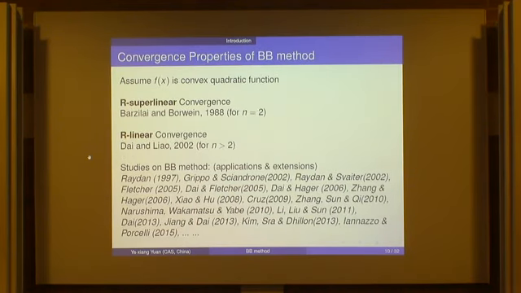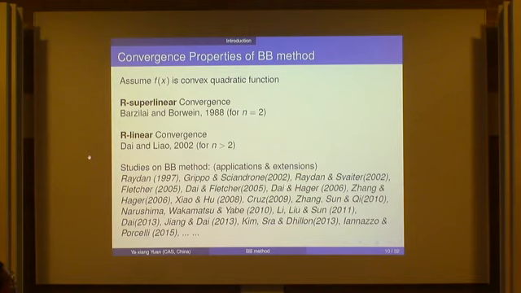The BB paper gave a lot of people interest and excitement to work on the gradient method. For example, Roger Fletcher, also a fellow of the society, unfortunately also passed away a couple of years ago.